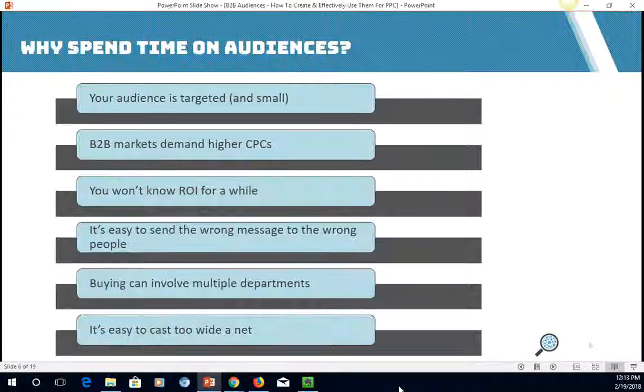The internet's a big place, lots of impressions, and PPC platforms make it really easy to cast a wide net and to reach a lot of people. Buying can involve multiple departments.